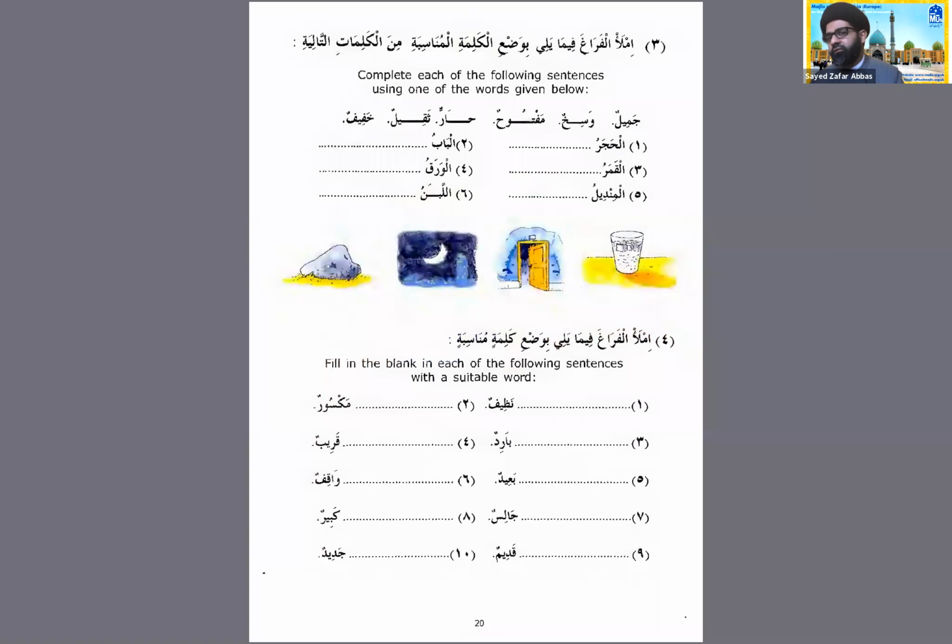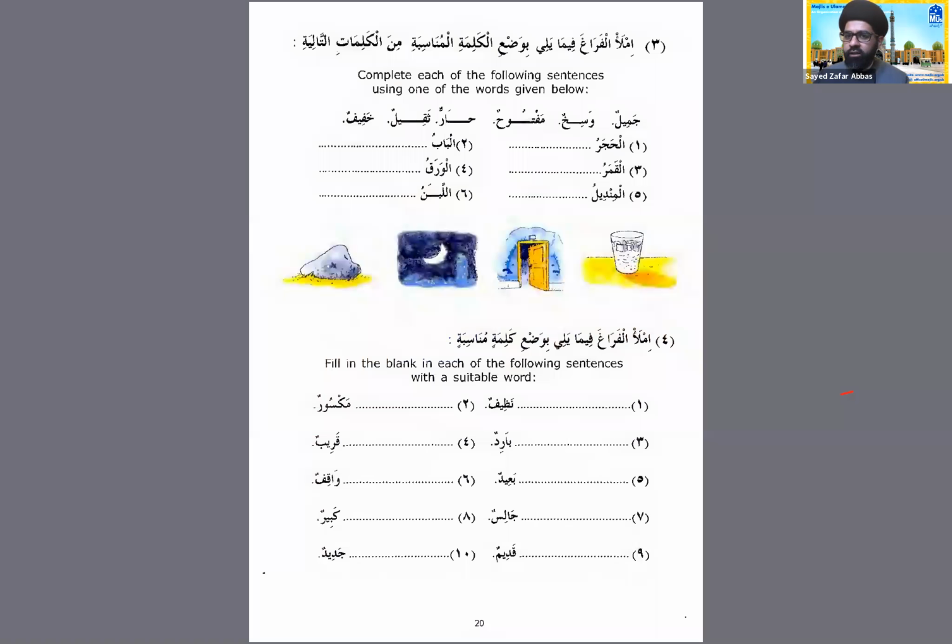Then we have waqif, which you said was standing. So we say al-mudarrisu waqif. The teacher is standing. Then we have jalis, which is sitting. So the student is sitting. Then we have kabir. Something is big. So we said that we could say al-hajaru kabir. The stone is big.